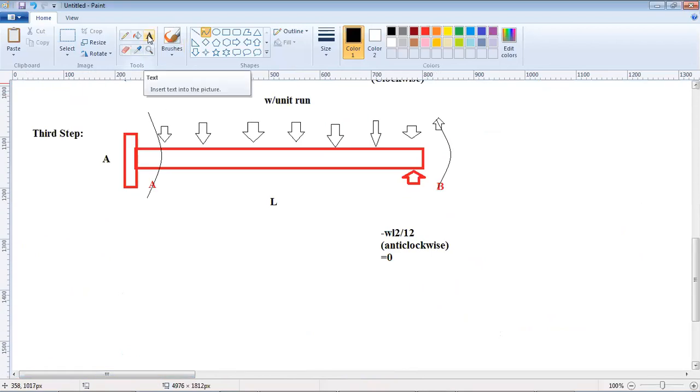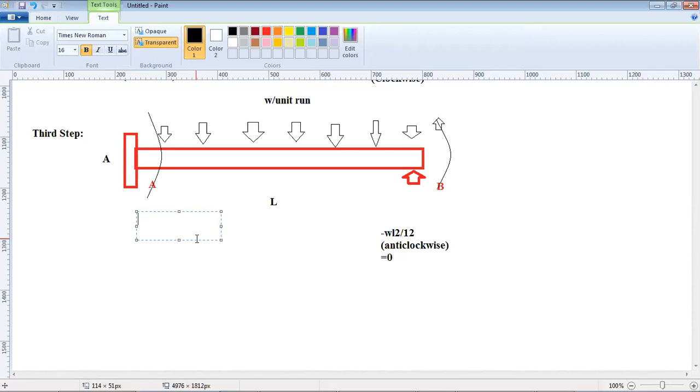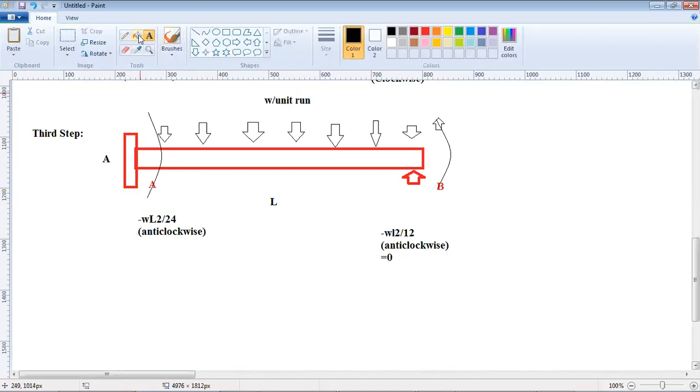The amount of moment transferred once we apply the moment WL square by 12 at end B will be half of it, minus WL square by 24, and the direction would be the same, anti-clockwise.